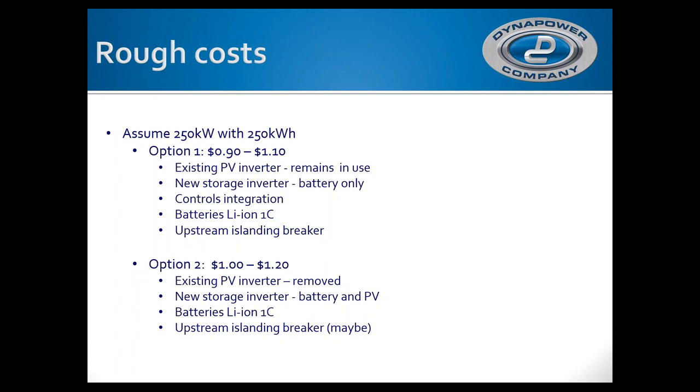So it's based on the size of the battery, which is based on what? The critical load of the facility, I'm assuming. Yeah, exactly. You'd start with the critical load of the facility and say, okay, our critical load is, let's say, 200 kilowatts.